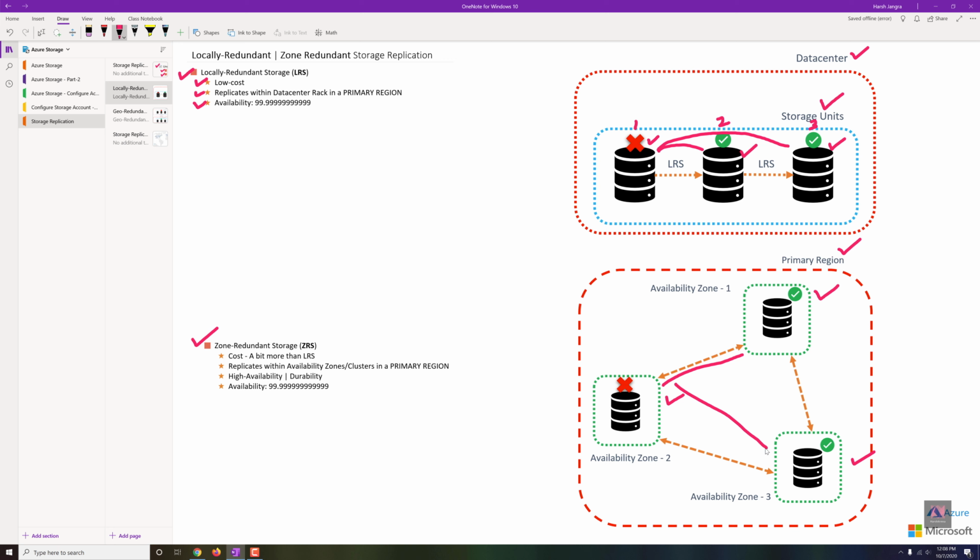This means if the whole data center goes down for some reason, maybe electricity or some other issue, then don't worry, you are still able to access your data from the other two availability zones. But just remember, this is the same region, all right? It does not count as a different region. So right now, it's better than LRS, but your data is still stored in the primary region.